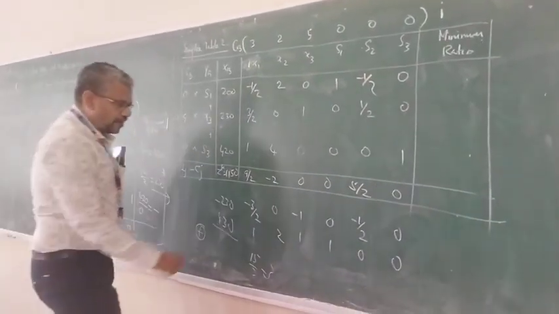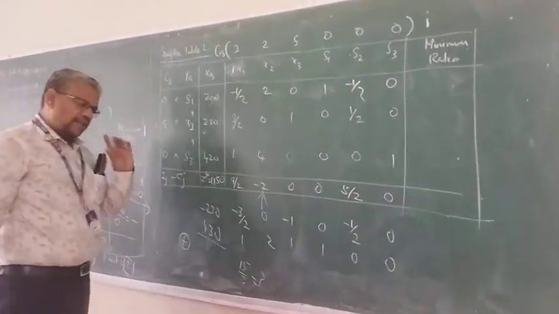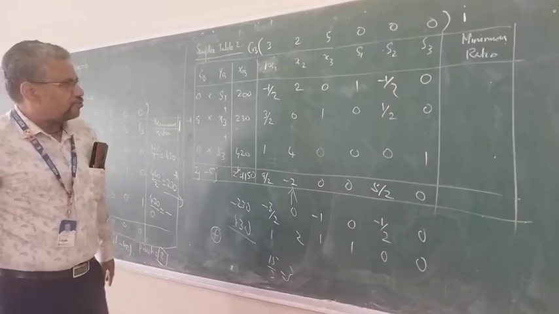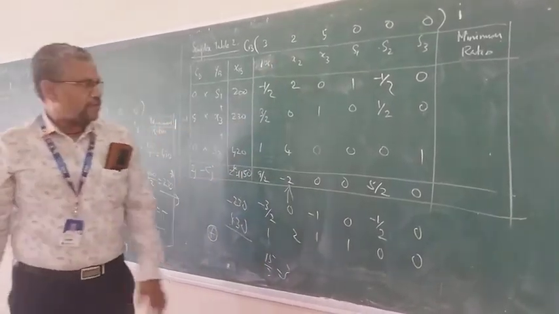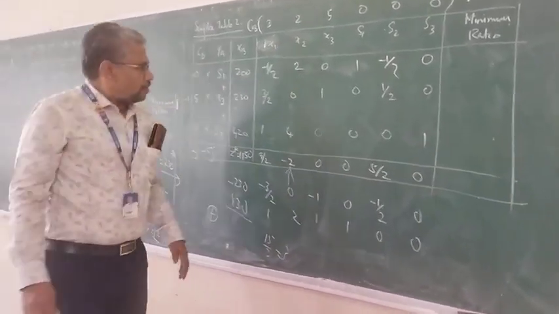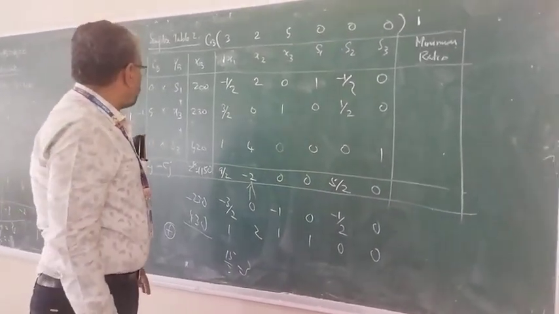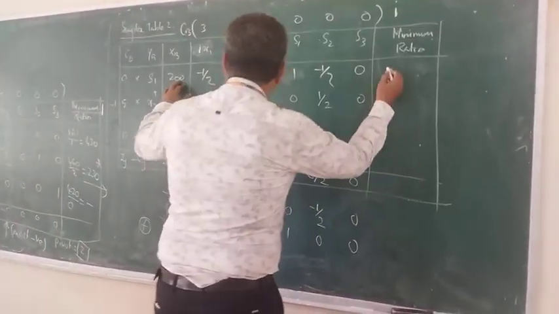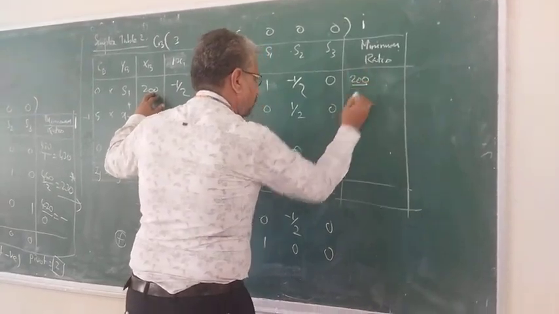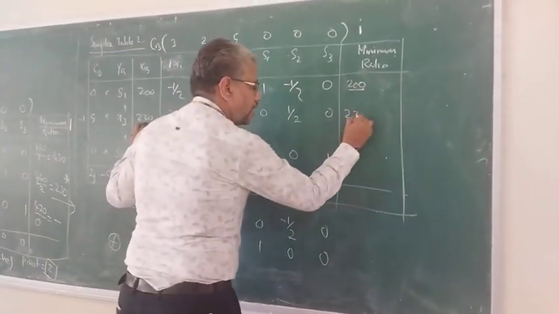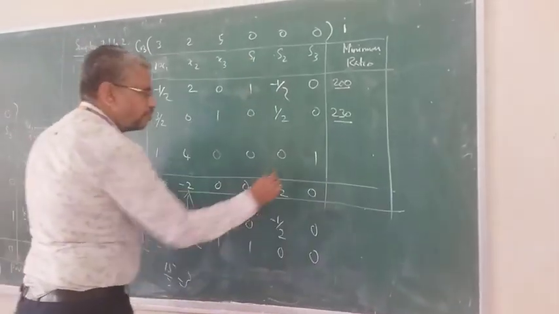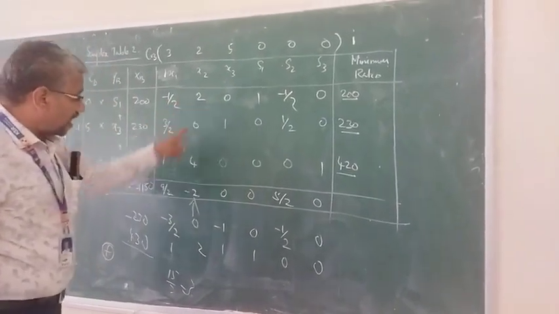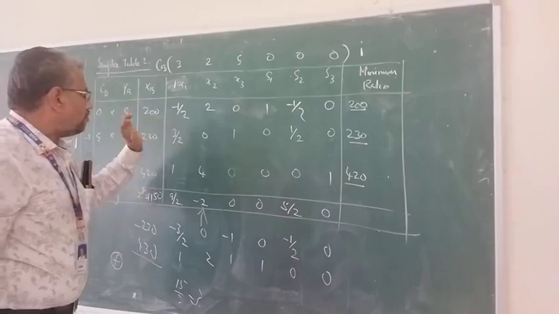Now once again I am going to find the most negative. There is only one negative, therefore there is no comparison. You will have to take that negative. So obviously x2 is going to come into the next table. Then I have to find which one is going out of the table. So corresponding 200 divided by, similarly 230 divided by, 420 divided by, the corresponding incoming vector column value.